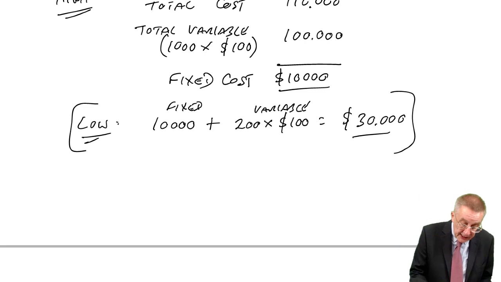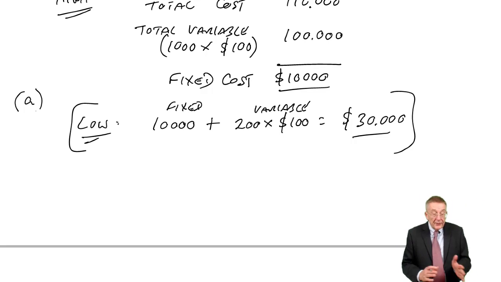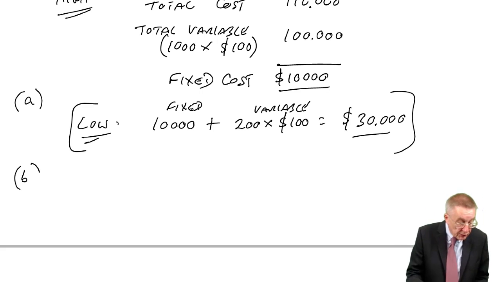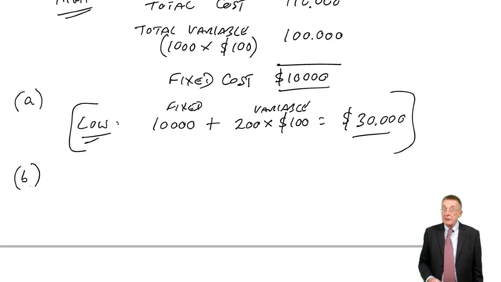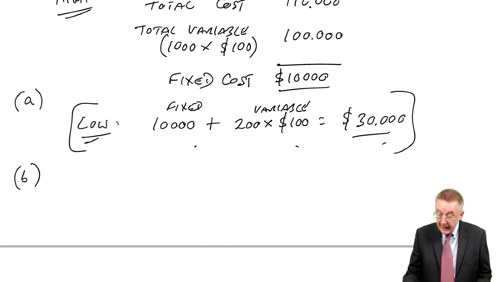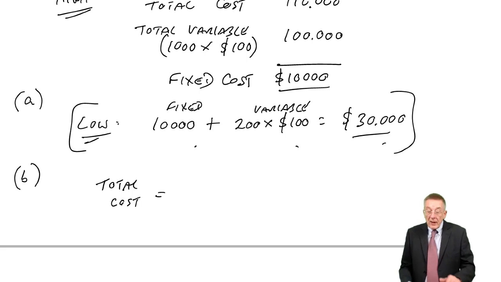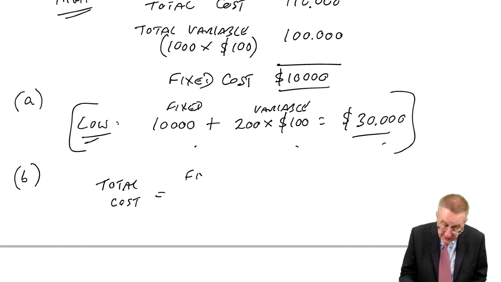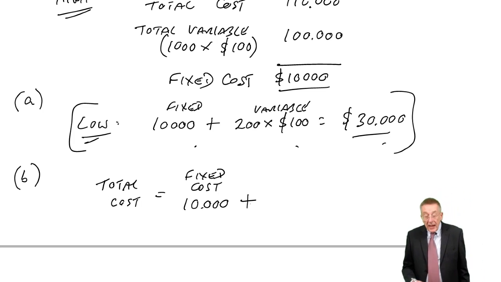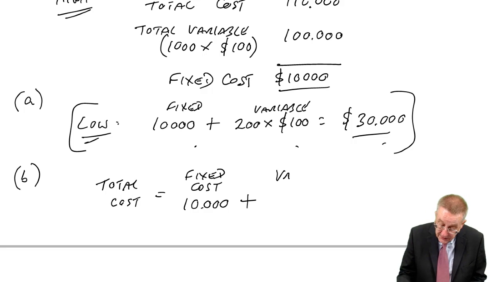The question itself said A, what are the fixed and variable elements? Well, we've done it. It also said describe the relationship in the form of a linear equation. Well, all it's doing is what I did there, that surely whatever happens, the total cost will be equal to the fixed cost, which for ours is 10,000, plus a variable cost.